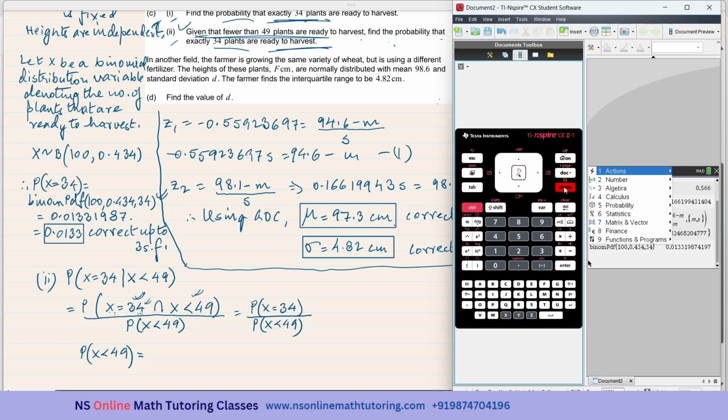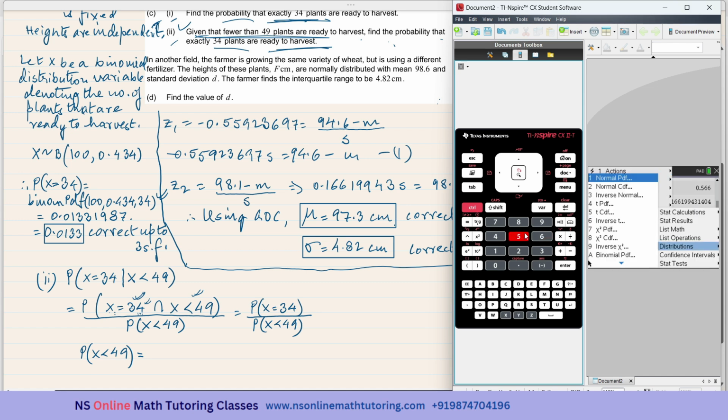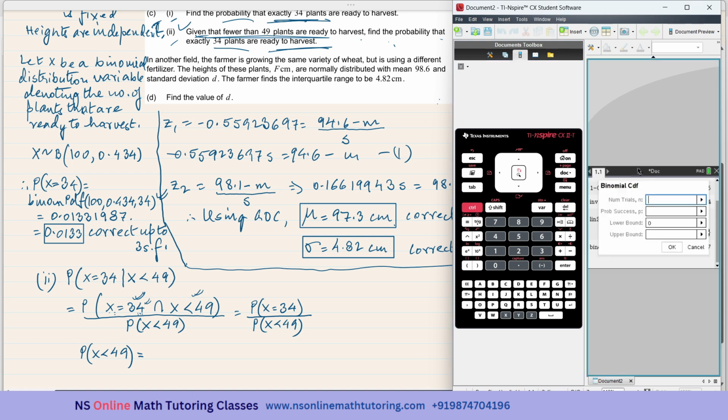So it is Menu, then Probability, then Statistics number 6, then Distribution number 5, and then binom CDF, option B. Select binom CDF. Number of trials is 100. Probability of success is 0.434.